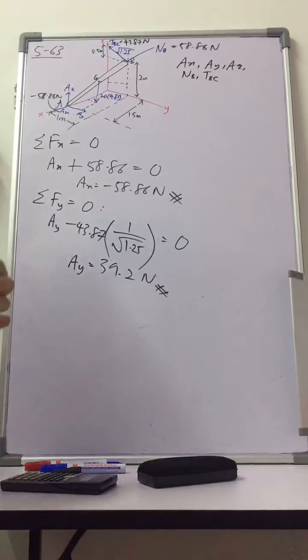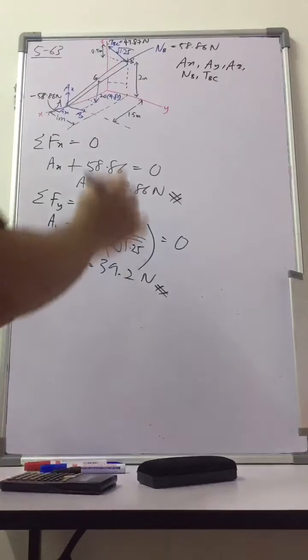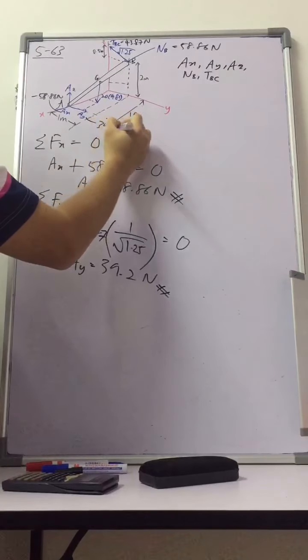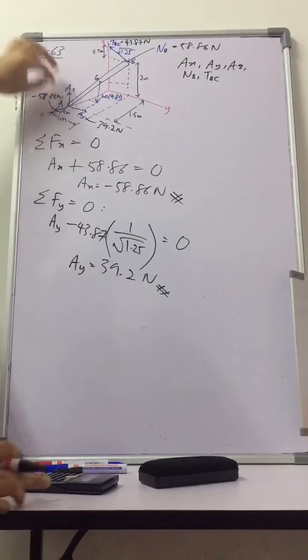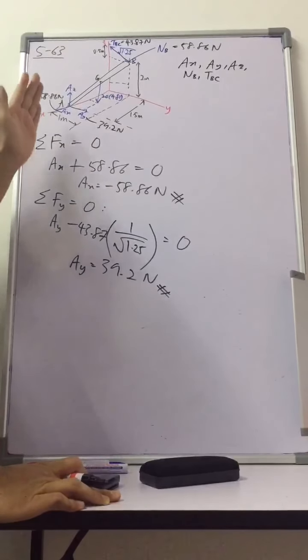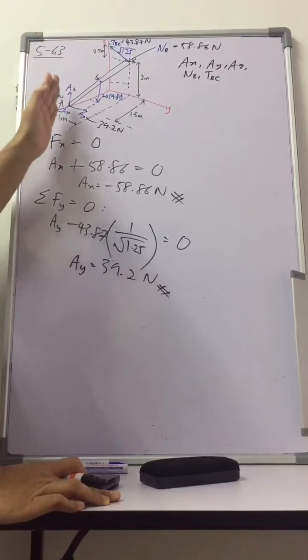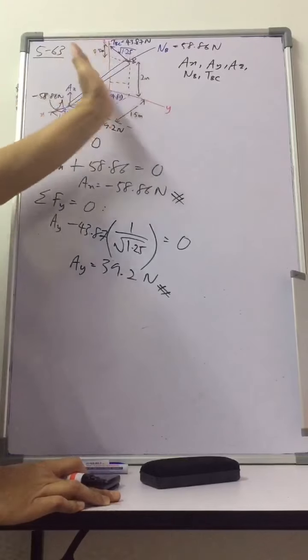And then FZ. Why do we need FZ? Because now you have found AY to be 39.2 Newton, so you need to find AZ. To find AZ, if you do summation of forces along Z direction, you have AZ, you have this weight, and then you have the Z component of TBC.